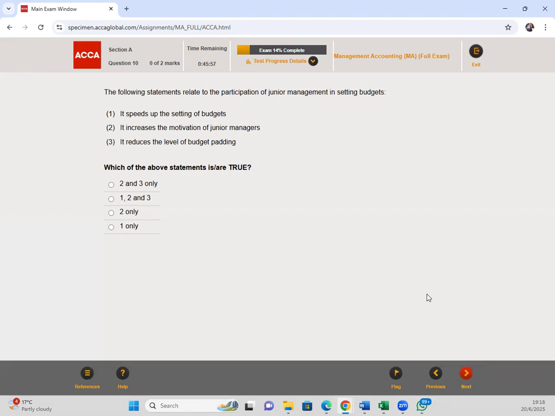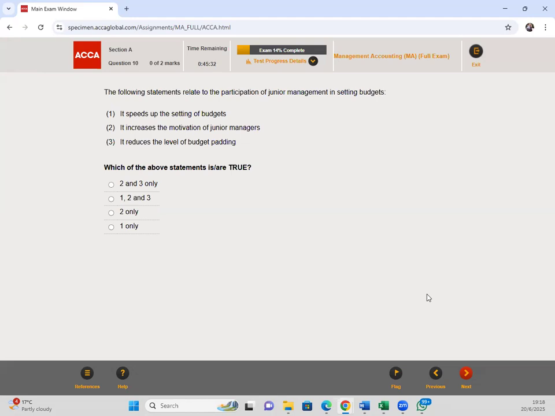It reduces the level of budget padding. Not really. If we are looking at the issue of budget padding, this is where we are including unnecessary items in the budget. It can actually give room to budget padding where we are putting in budgets that are easy to achieve.